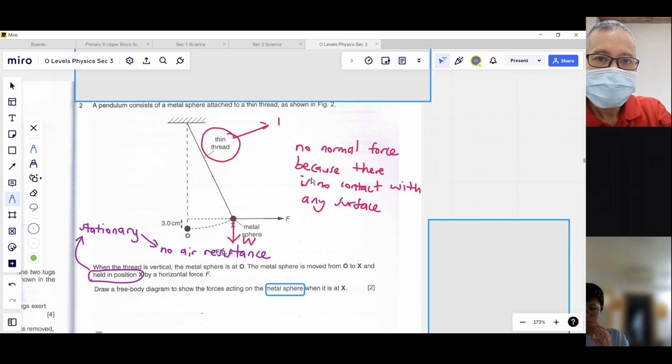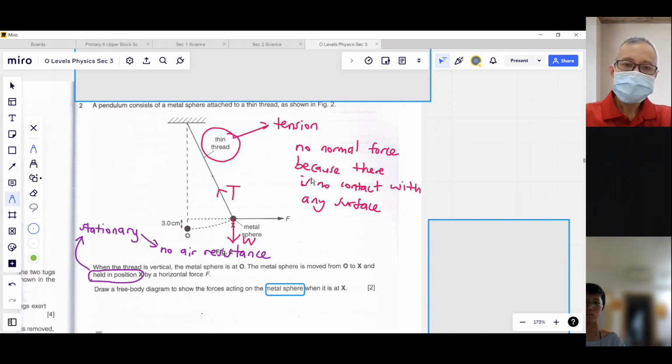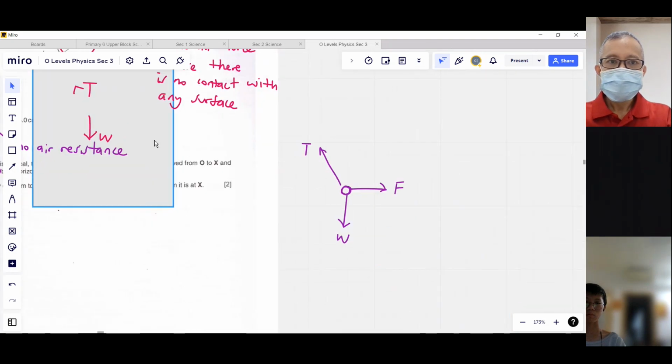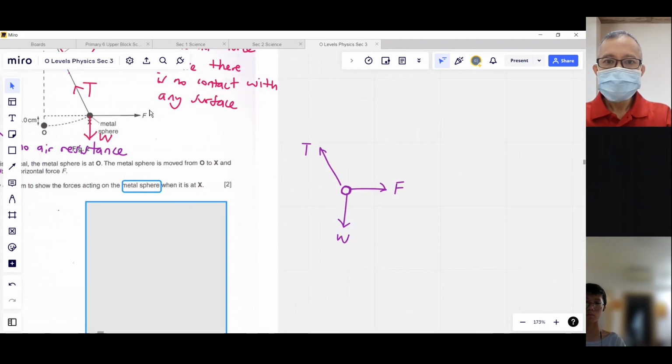It implies that there's tension. And of course, in this case, tension is to balance against the weight. It only makes sense that tension is going up along the string, along the track. So if you want a very nice diagram, it should look like this. F is still there, so make sure your F is in your answer, please.